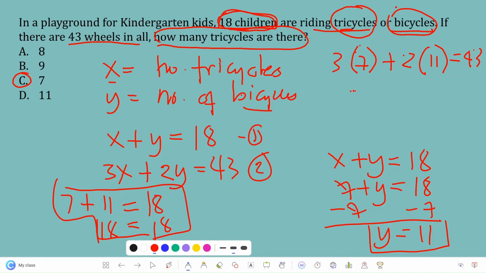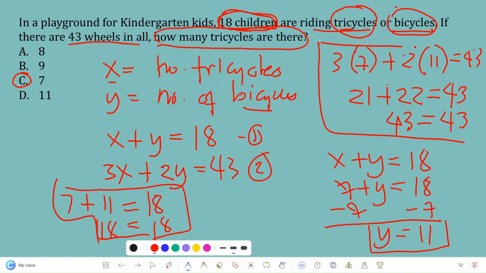And 3 times 7 is 21, and plus 2 times 11 na 22, 21 plus 22 should be equal to 43. And indeed, 43 is equal to 43. So, tama ang mga values ng x and y na nakuha natin. It's 7 is x and y is 11.